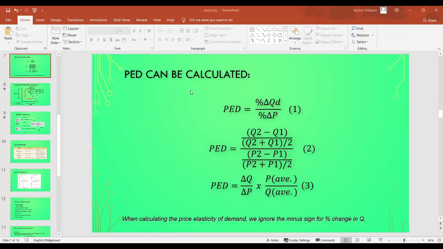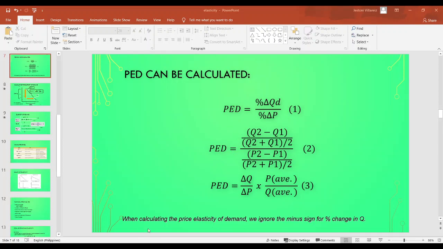So Q2 minus Q1, 10,000 minus 4,500, that's negative 4,500 over Q2 plus Q1, 14,500 divided by 2, so we have 7,250. 50 over P2 minus P1, 100 minus 10, that's 90, P2 plus P1, 100 plus 10, 110 divided by 2, 55.